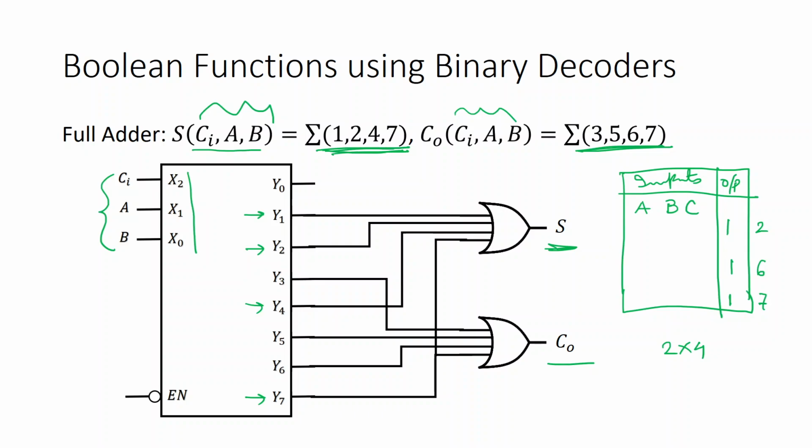So not a big deal. So this sort of variations can of course come, but the main idea remains the same. You have to take out those output pins corresponding to the min terms which are high at the output. That is all you need to do.